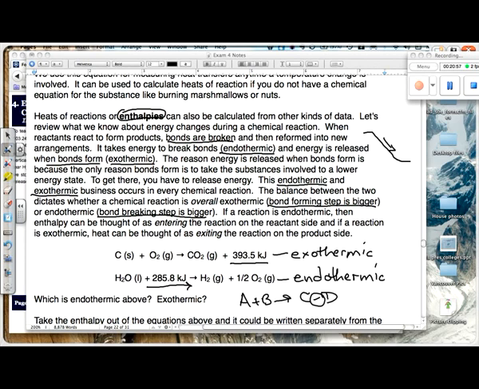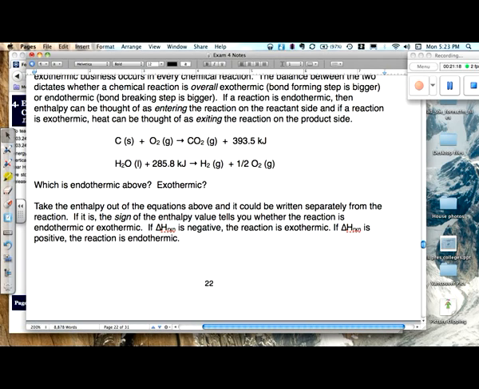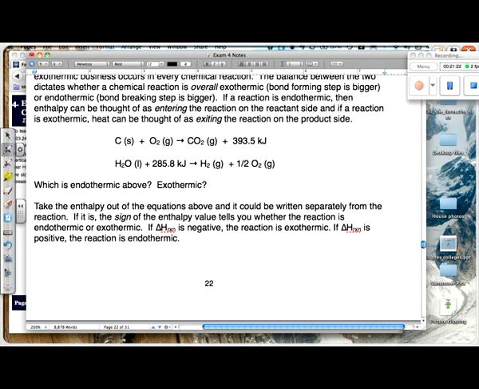We've just said that if something is exothermic, then that means that the bond forming step is bigger, and it would actually be negative. So if I take the enthalpy out of the equation, then I would write it this way, and it would be another way of showing that information, the heat for the reaction.